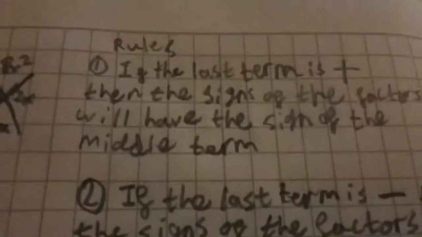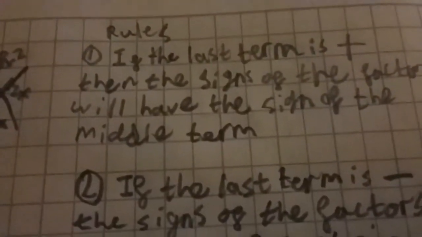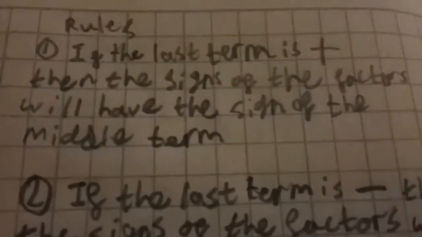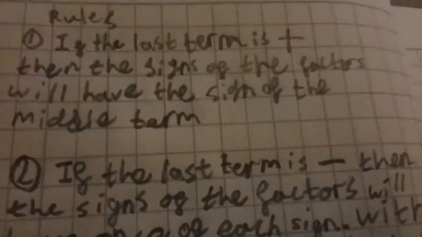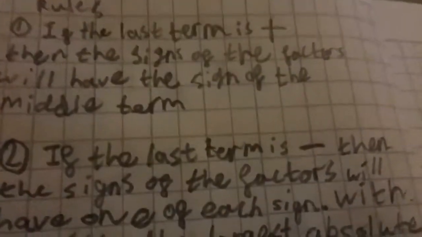the rules. These are big, important rules. 1. If the last term is an addition sign, then the signs of the factors will have the same sign as the middle term.